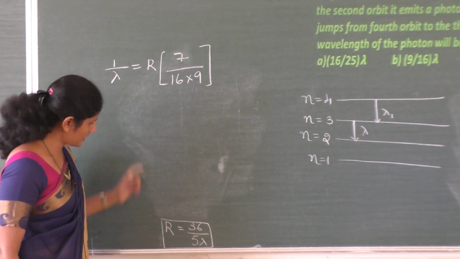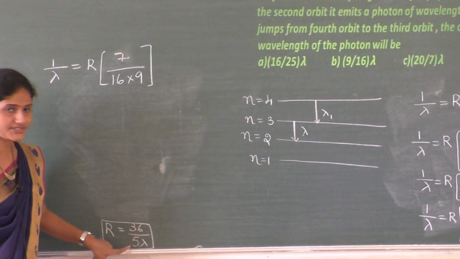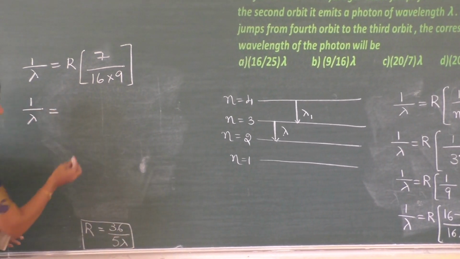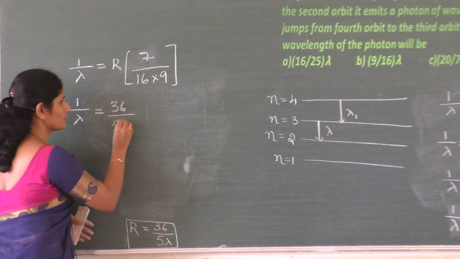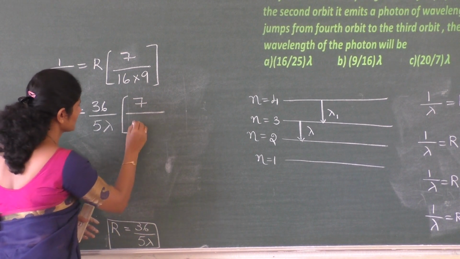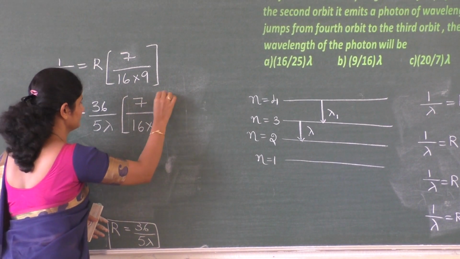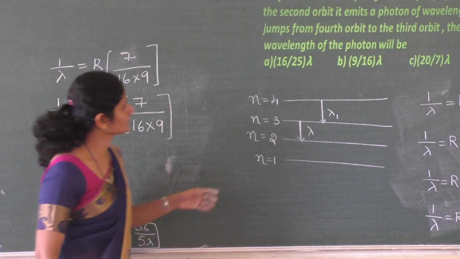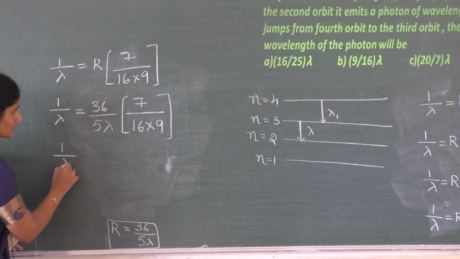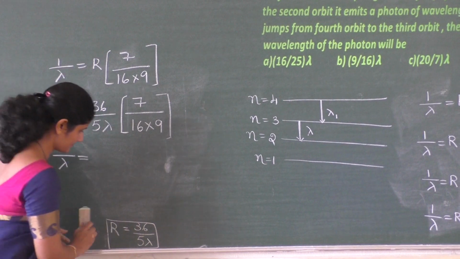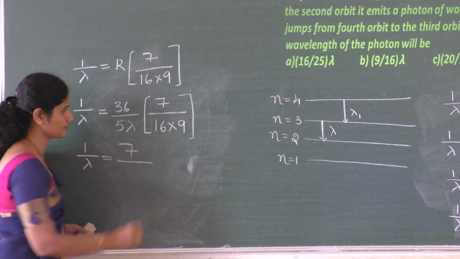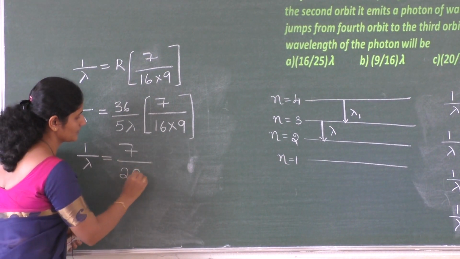What is the expression for R? From case 1, R is equal to 36 divided by 5 lambda. I will substitute here. So 1 by lambda 1 is equal to R, which is 36 divided by 5 lambda, into 7 divided by 16 into 9. On solving we get 20.